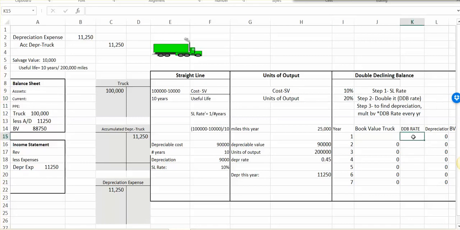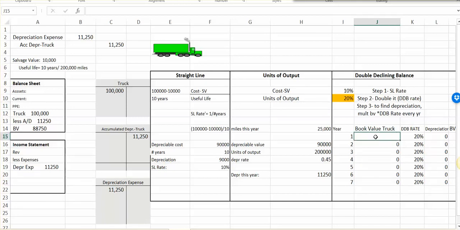So here in the chart, you're going to use 20% all the way down. Every year, you'll multiply the book value by 20%, because that is the double declining balance rate. Step number 3, to find depreciation, you'll multiply the double declining balance rate by the book value, BV, every year.